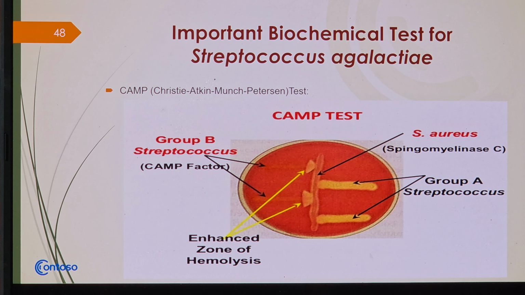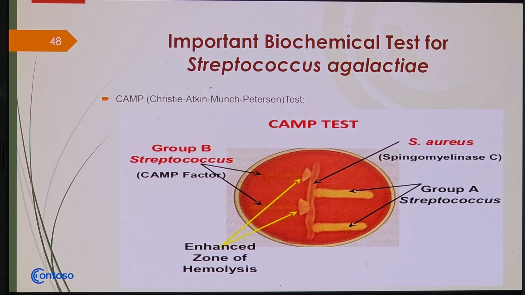On the next day, at their junction, the enhanced arrowhead-shaped hemolysis is shown by the group B Streptococcus, pointing towards the Staphylococcus aureus. So the CAMP test is positive in case of group B Streptococcus, and for group A Streptococcus, that is Streptococcus pyogenes, only the bacitracin test is sensitive and the PYR test is positive.